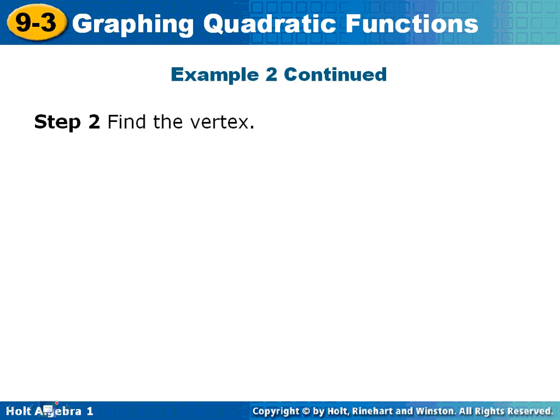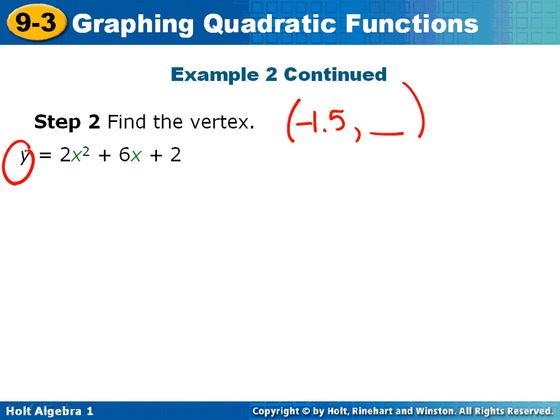The next thing we're going to do is find the vertex. Please pause just a moment, and I would like for you to find the vertex. The way you find the vertex is you take the axis of symmetry, which was -1.5, and you have to find the y value. Well, here's what y is equal to, and I have to take the -1.5 and plug it in everywhere you see an x.